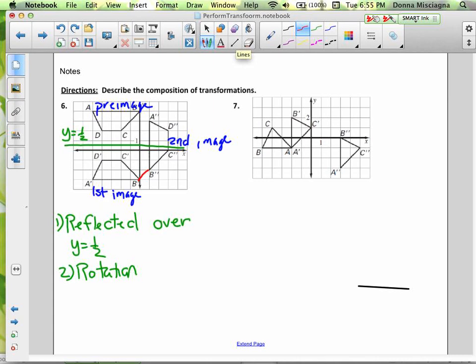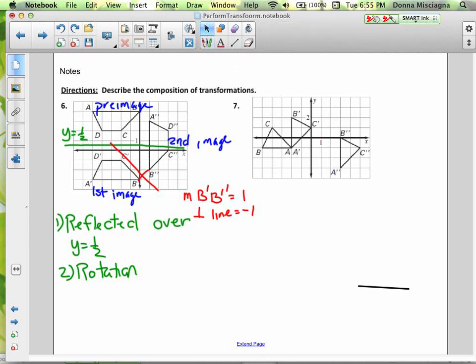So the slope of B prime B double prime is equal to 1. The perpendicular line would be -1. So let's graph that and see if that helps us figure out the point of rotation. Here we go.